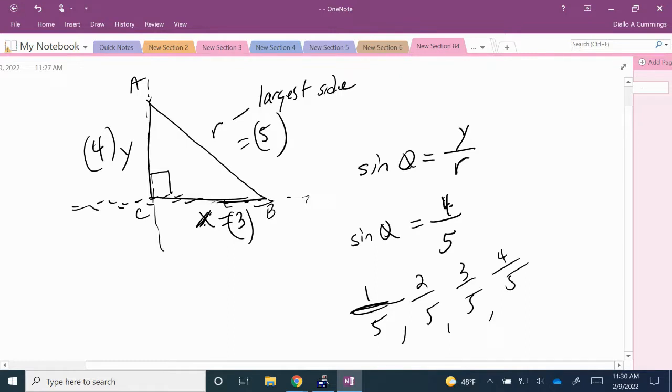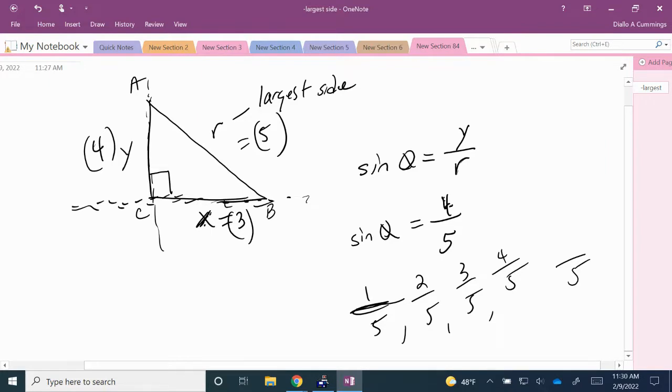Notice that if the denominator is always bigger than the numerator, the value of the number itself can never exceed a positive 1. Because the only way you can exceed 1 is if the numerator was bigger than the denominator. But in a right triangle setup, r is always the largest side.